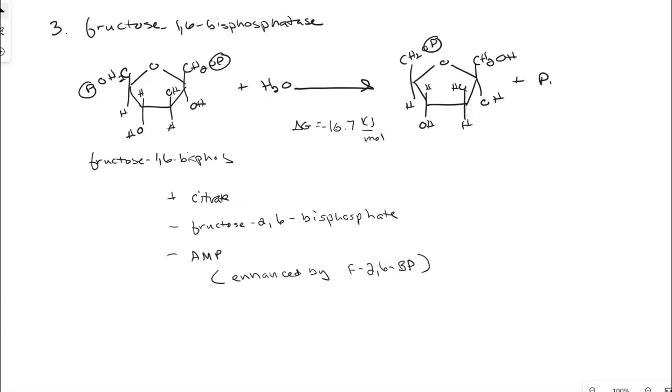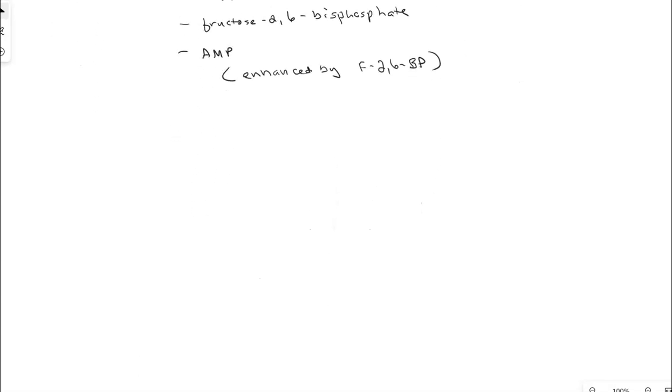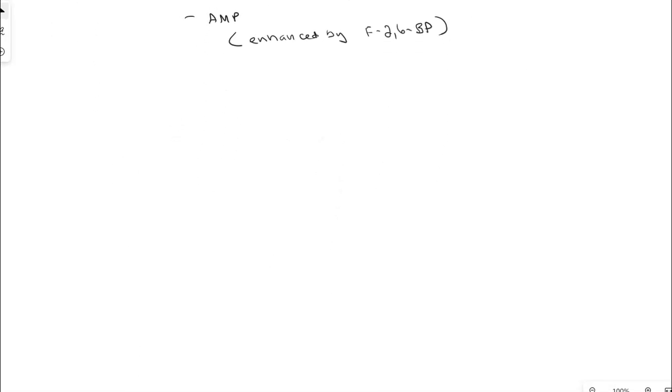And this leads us to our final step and our fourth unique step of gluconeogenesis, which is glucose 6-phosphatase.